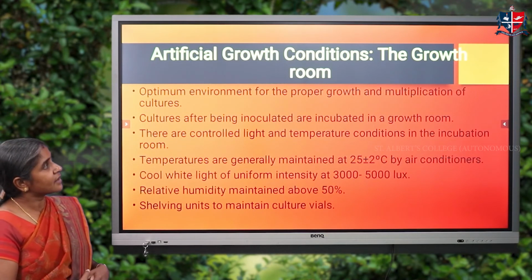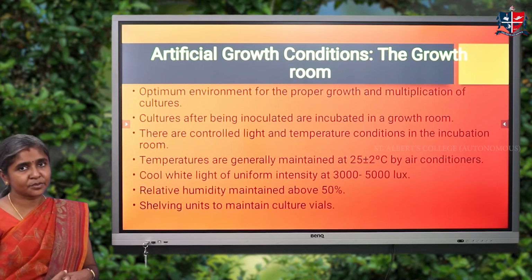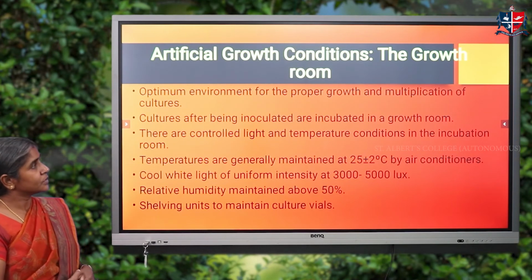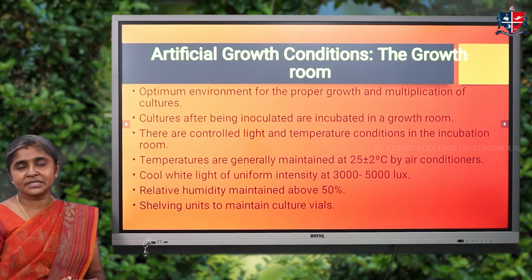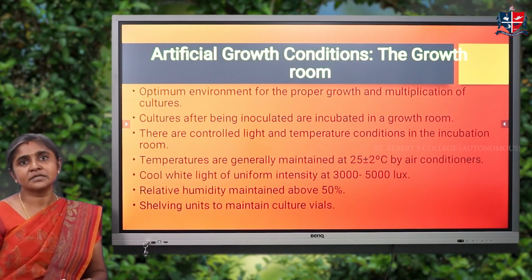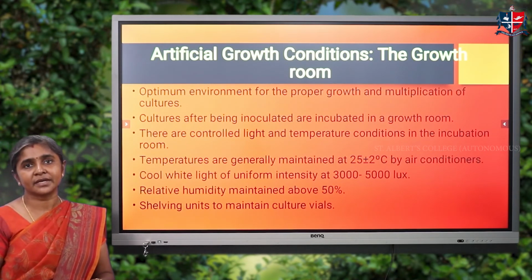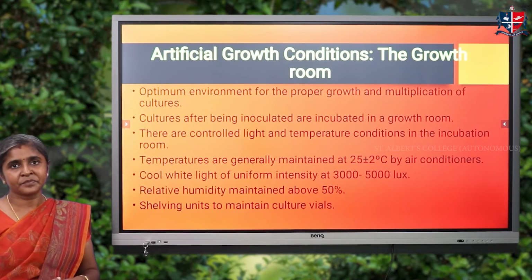The cultures, after being inoculated, are incubated in a growth room. So, in this growth room, temperature, humidity, light, all these parameters have to be taken care of with due seriousness.